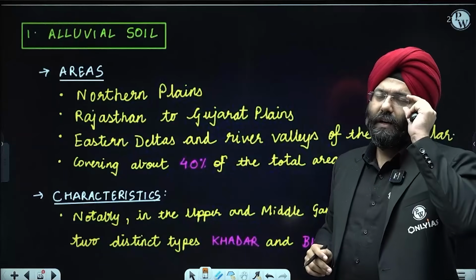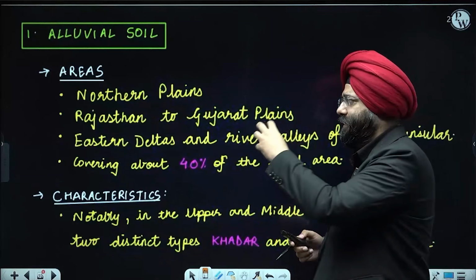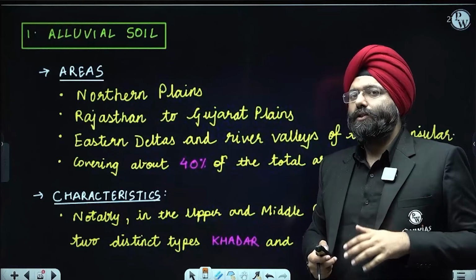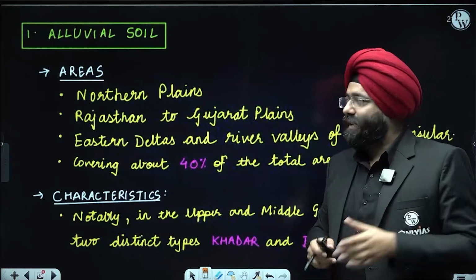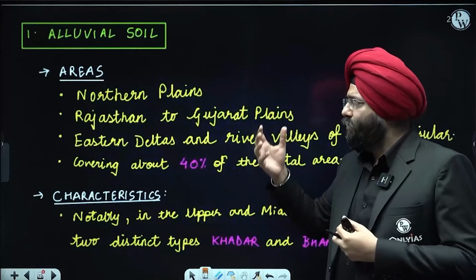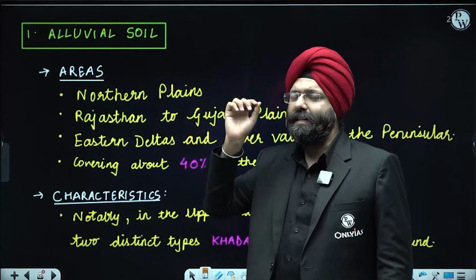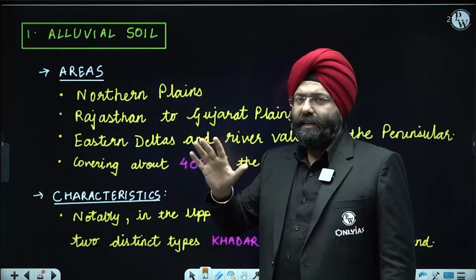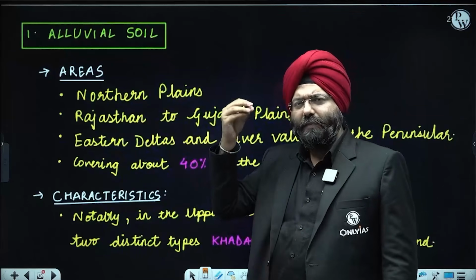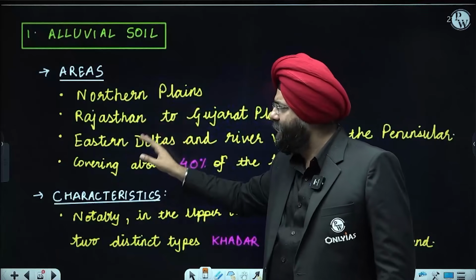Again, see, in the examination also, these small words that I have taken from the NCERT and put here are going to be asked in your prelims. Obviously, you can be asked questions in your mains examination also. So please understand, you should know these details, because a major mistake that aspirants make when reading any classification, or for that matter any other topic, is to think, okay, there are a lot of areas in which this soil is present, let us remember one or two and leave the others.